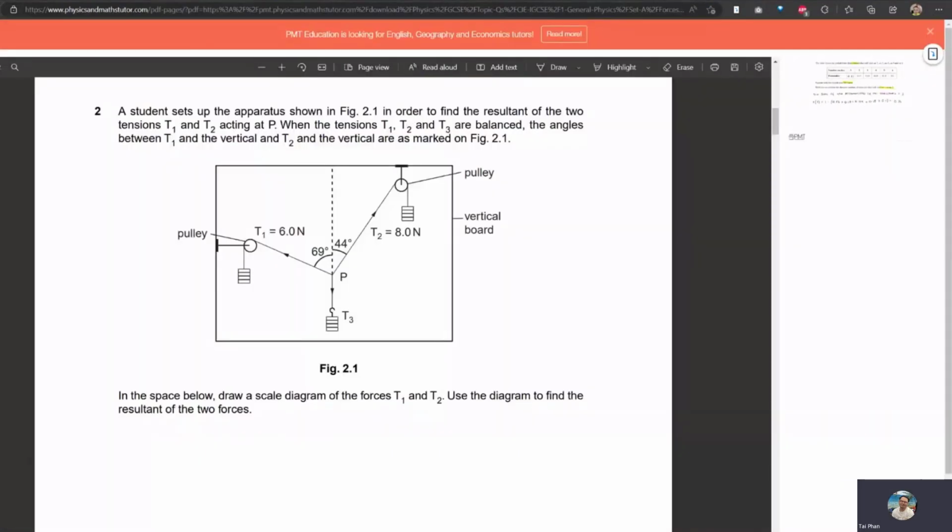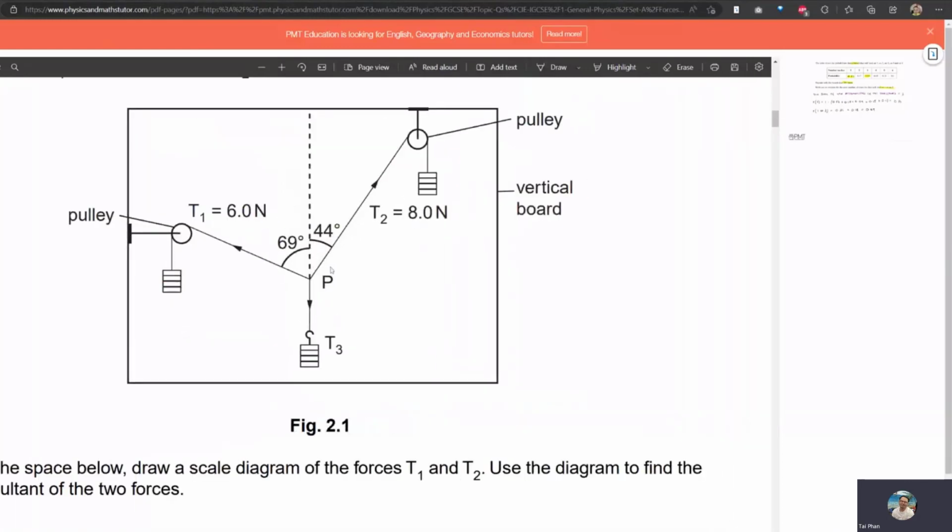Draw a scale diagram for the forces T1, T2: 6 Newton, 8 Newton. You can choose like 3 centimeters for 6 Newton and 4 centimeters for 8 Newton. And use the protractor to ensure the angle between these forces, 69 and 44 degrees.